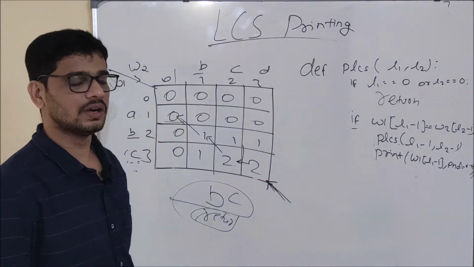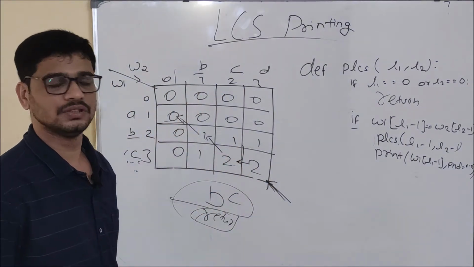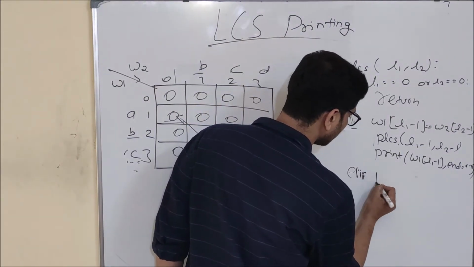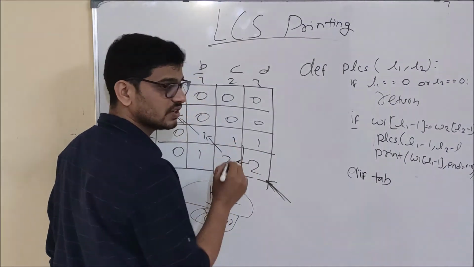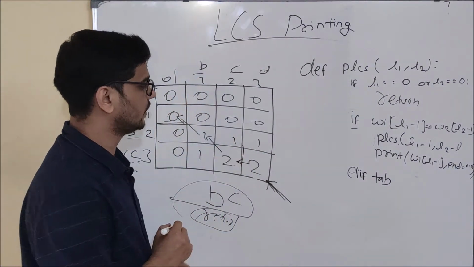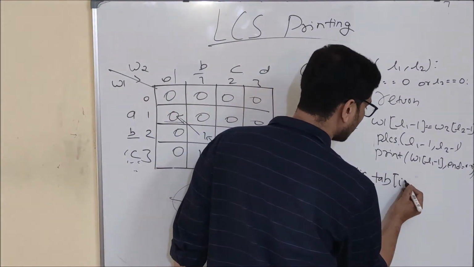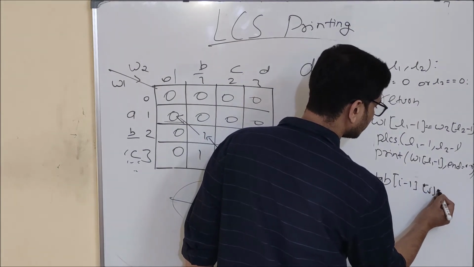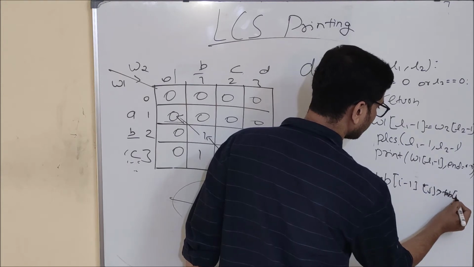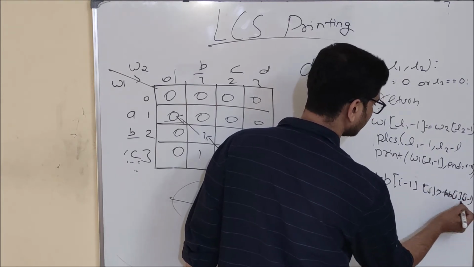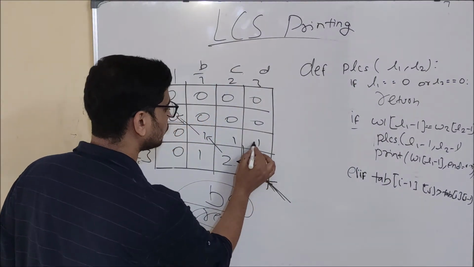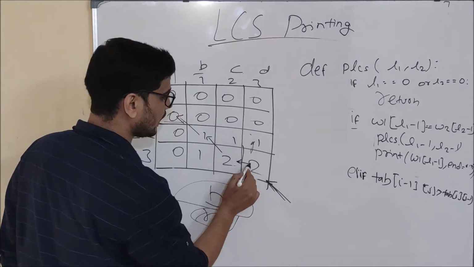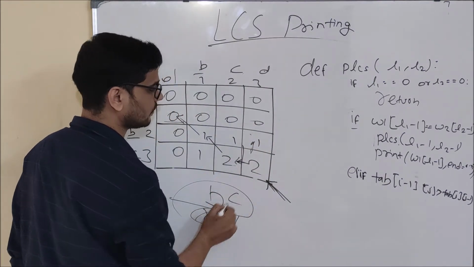If the characters are not matching, then I will move to one of these two. How am I going to do it? Elif. Now we will come to the table, and we will check in the table which one of these is greater. Elif tab[i-1][j] is greater than tab[i][j-1]. tab[i-1][j] is this value, and tab[i][j-1] is the left value.